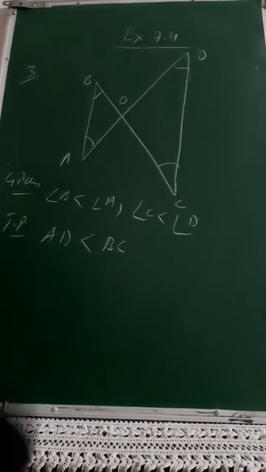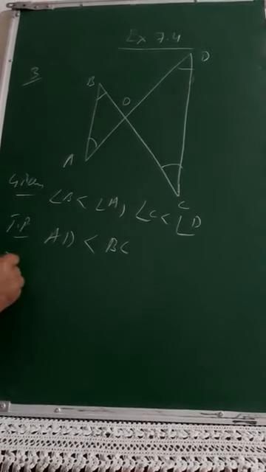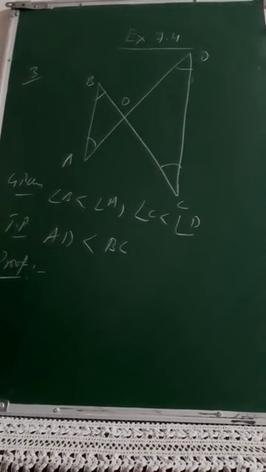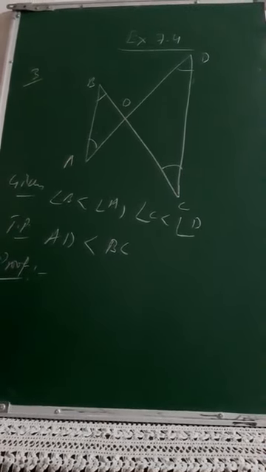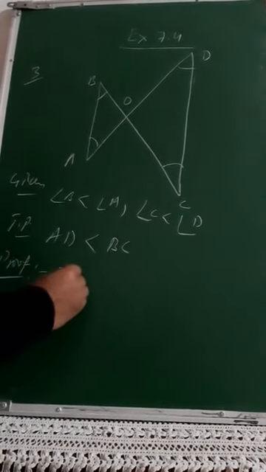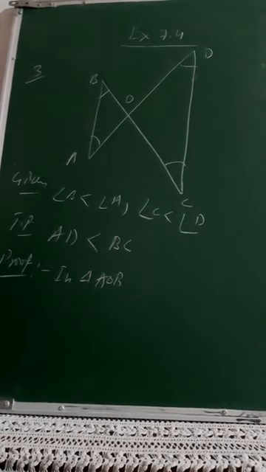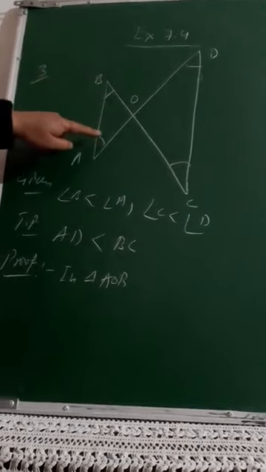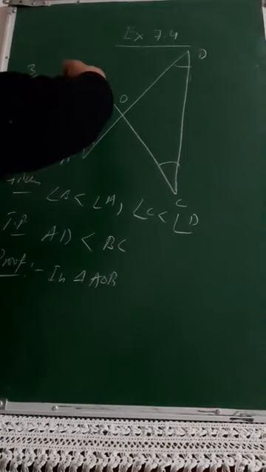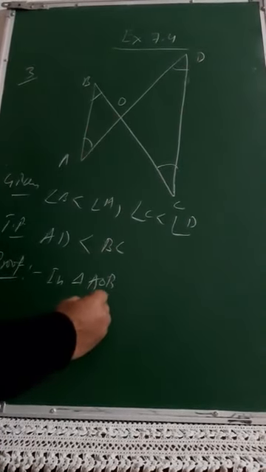Okay, let us come back. Don't forget the key idea I have to use here: the side opposite to the greater angle, and I need to follow the information given to me. I am picking triangle AOB first, where angle B is less than angle A. So the side opposite to B is AO.